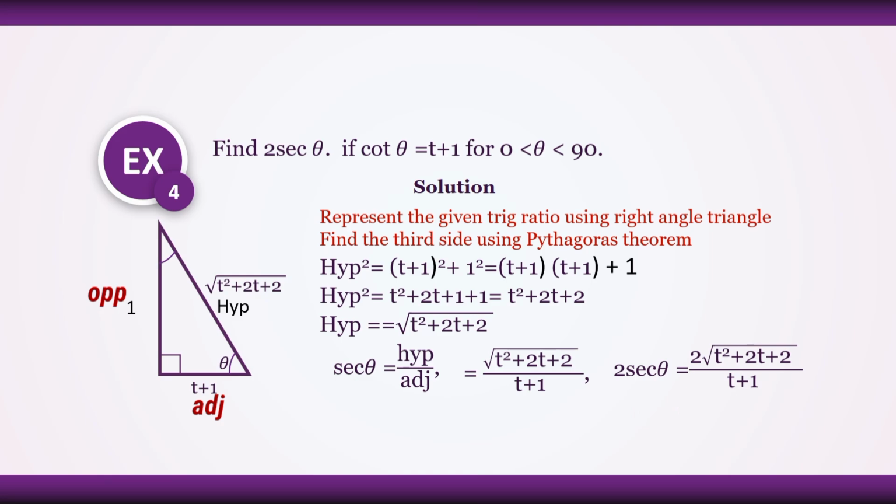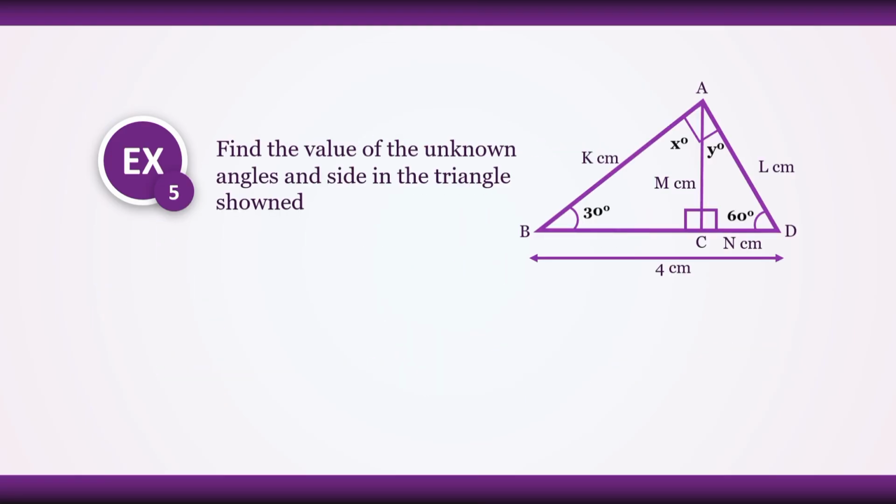Now let's look at another question, and let's see how to solve that question as well. Find the value of the unknown angles and side in the triangle shown. Now observe this triangle. We have triangle ABD, and we have 3 triangles here. We have triangle ABC, triangle ABD, and triangle ACD.